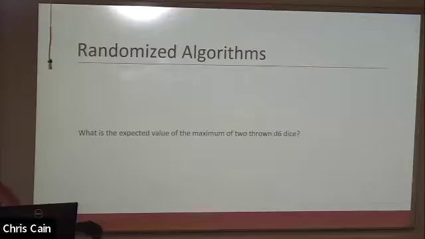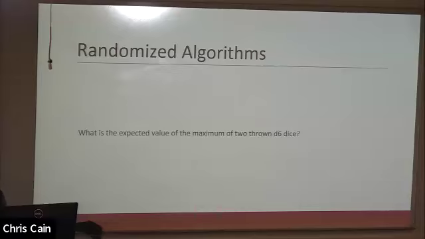This question is worded a little strangely. It says the expected value of a maximum of 2 thrown dice, 6-sided dice. This means that when you throw those 2 dice, the result of that throw is whatever the value is on the larger of the 2 dice. So if I throw 2 dice and get a 4 and a 2, the result of that roll is a 4.